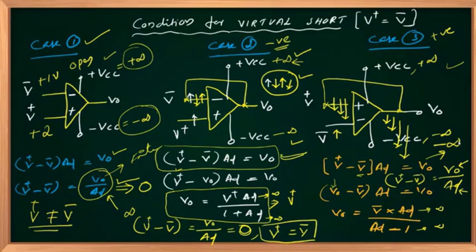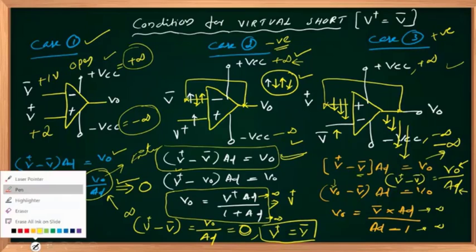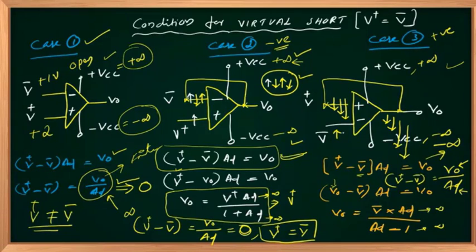And you may have a doubt in mind: if the input is not changing up but changing down, what will happen? If V minus decreases, my output will increase. That is obvious.